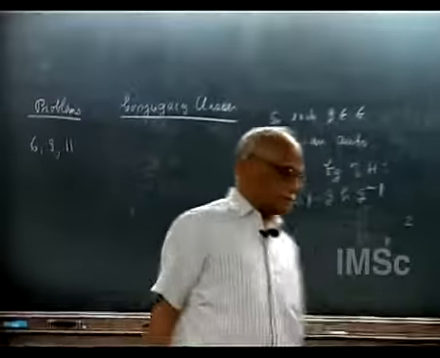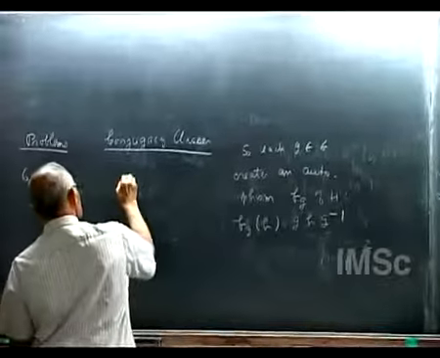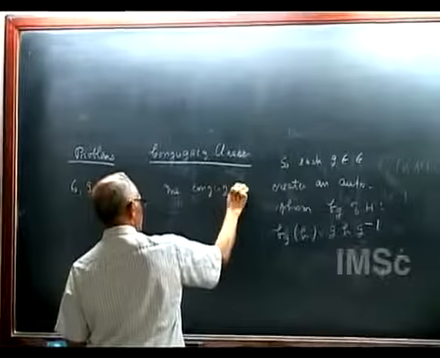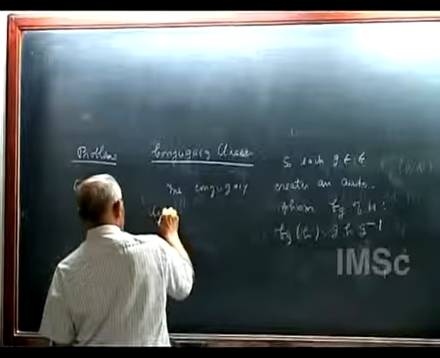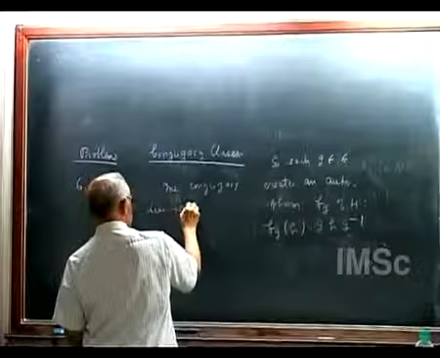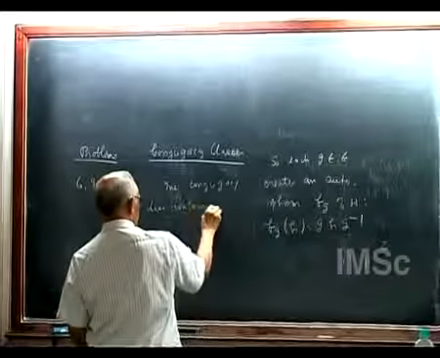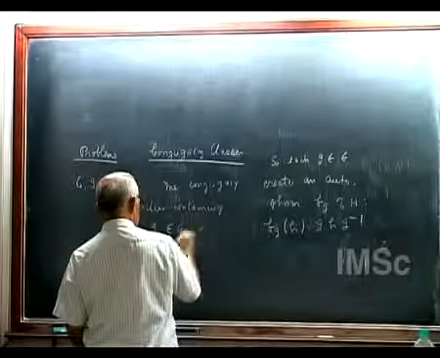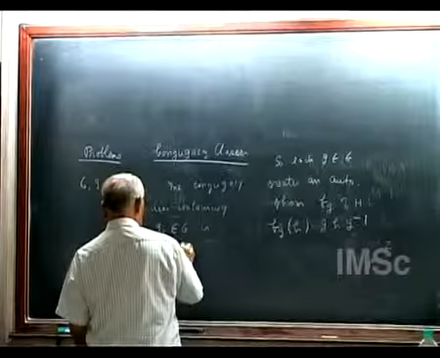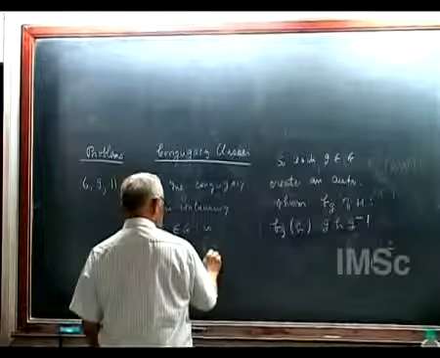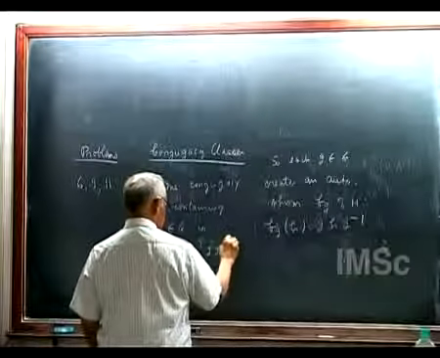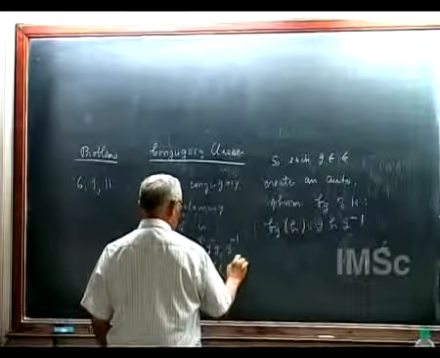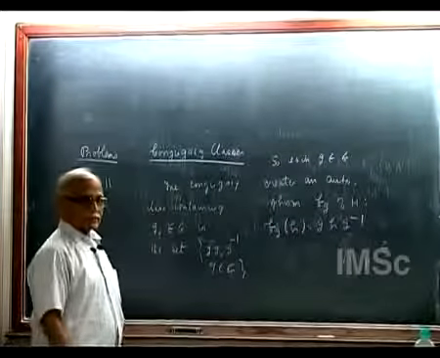The conjugacy class containing g0 in G is the set of elements g g0 g inverse, for all g in G. These are conjugates.